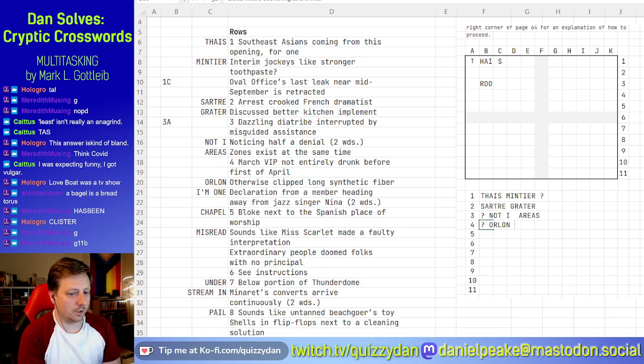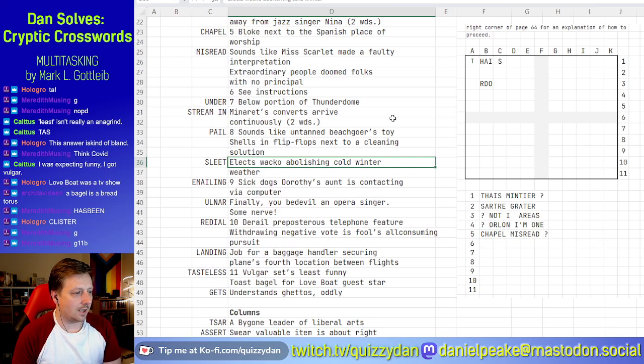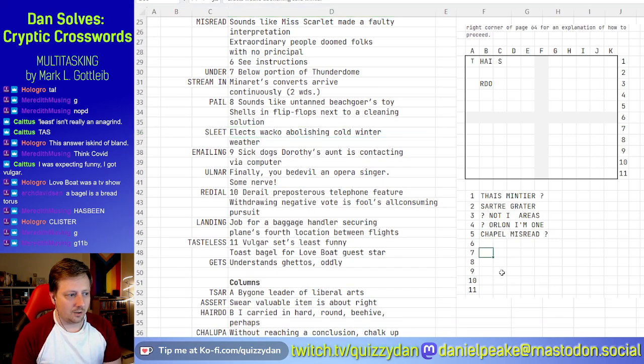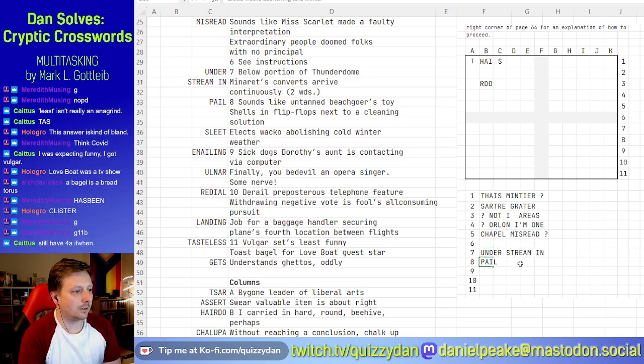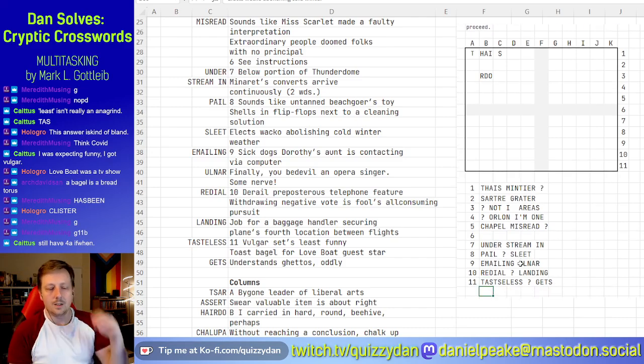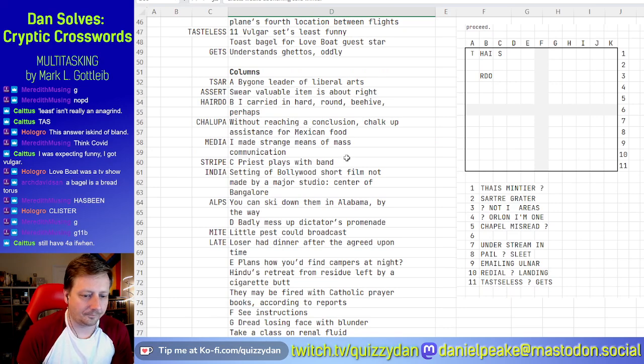Something all on. Chapel misread something. Under streaming. Pale something sleet. Emailing ulnar. Redial something landing. Tasteless something gets. So that's something to bear in mind when we look at the downs.